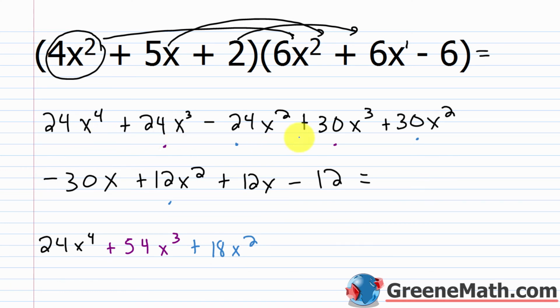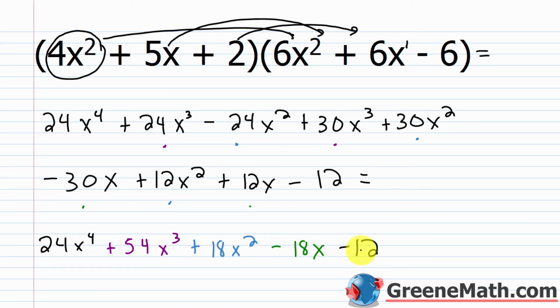Now, I've used all of these. So now I just have, let me mark this in a different color, negative 30x and 12x as like terms. So negative 30x plus 12x is negative 18x. And then lastly, I have minus 12. Nothing to combine with that. So as my answer here, I get 24x to the 4th power plus 54x cubed plus 18x squared minus 18x minus 12.